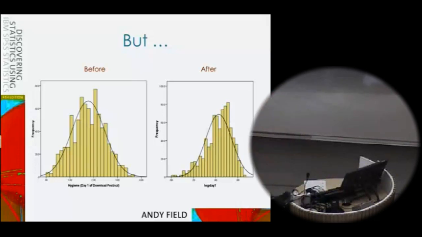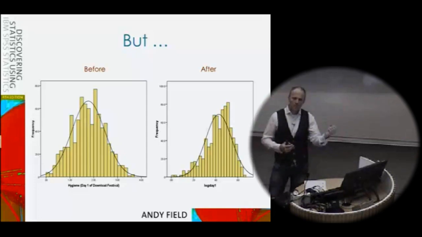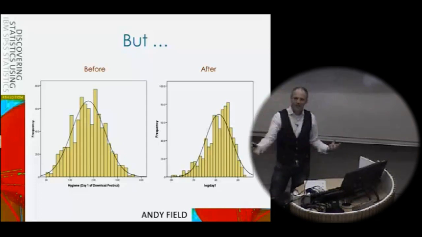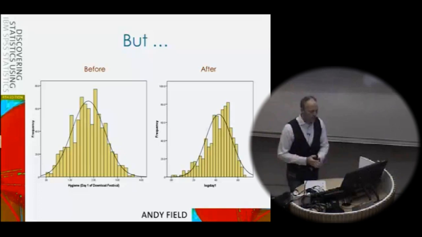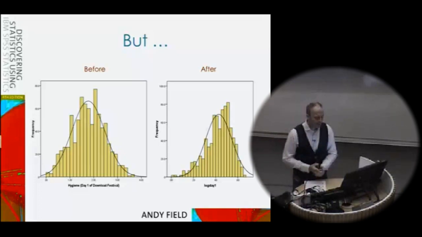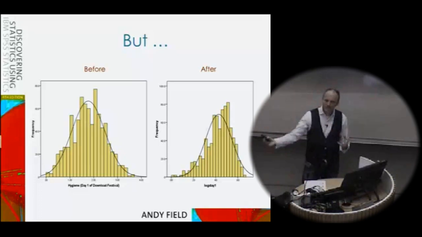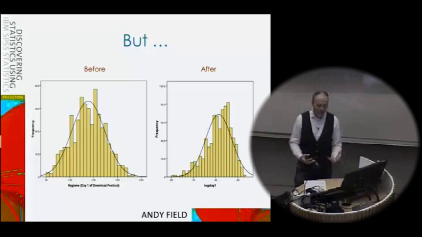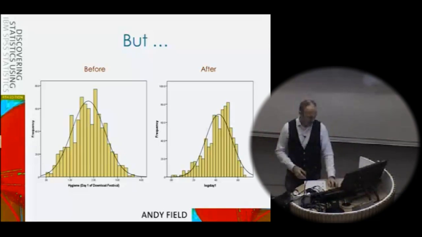And if you start off with a normal distribution and you apply a log transformation, it will actually skew it a bit. So you can end up in situations where a transformation helps with one of your variables, but because you have to apply it to all your scores for the particular thing you're doing, it ends up creating a problem for a different variable. So it's not always a magical solution, but it's something to bear in mind that is sometimes useful.